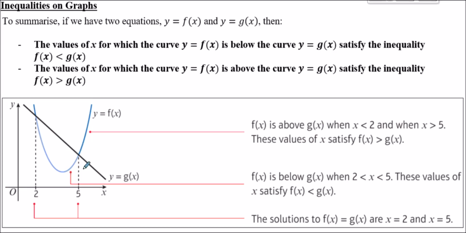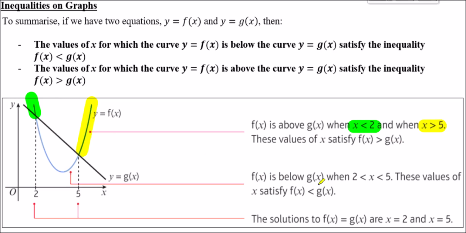And we can see that that's the case when x is greater than 5, in other words, over here, and also f of x is greater than g of x, the blue is above the black, where x is 2 or less. And so, like we mentioned earlier, these satisfy the inequality where f of x is greater than g of x.